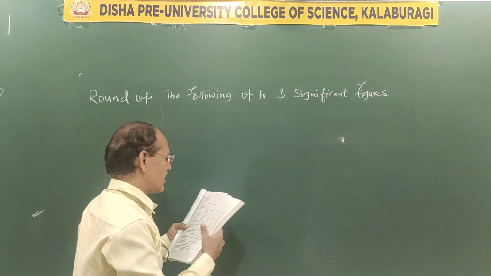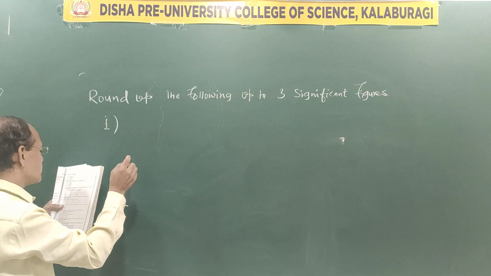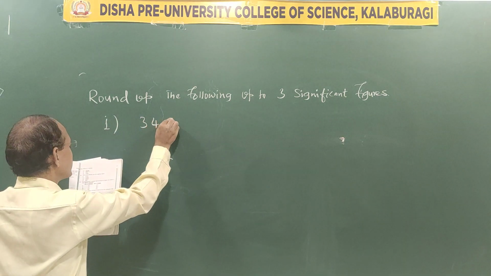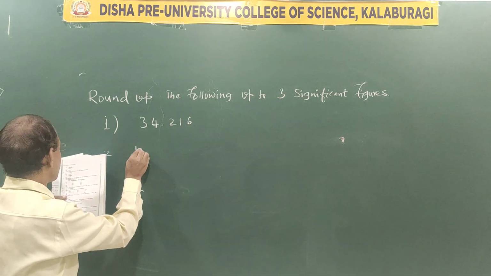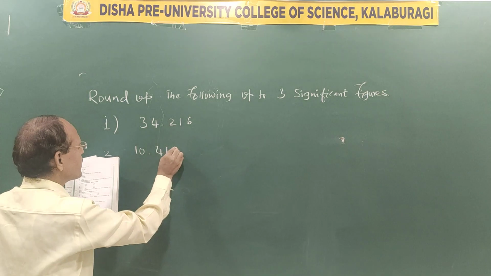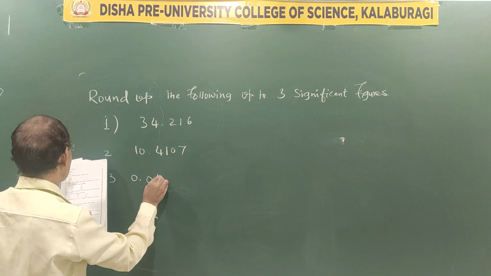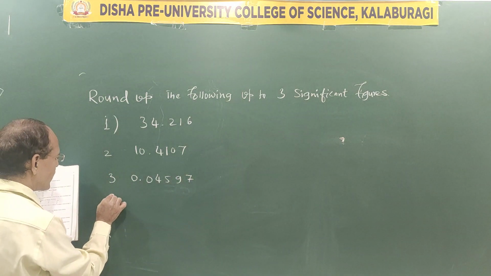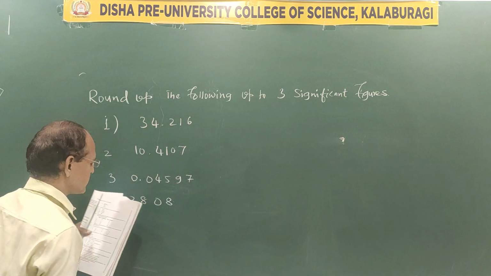This is from the text I am taking. Here first I will write out all the problem parts. 34.216, second 10.4107, third 0.04597, and fourth one is 2808.